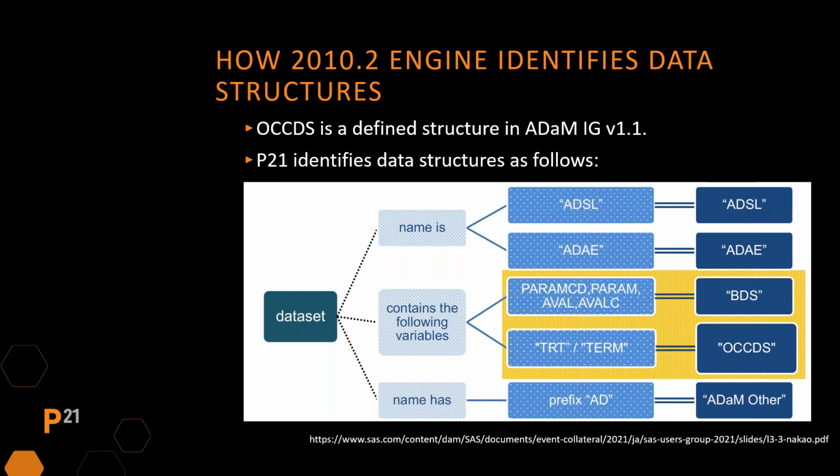If the dataset contains PARAMCD, PARAM, EVAL, or EVALC, then Pinnacle 21 identifies the dataset as BDS. If the dataset contains TRT or TERM variables, then Pinnacle 21 identifies that as OCCDS. And last, if the criteria I just mentioned don't match, and if the dataset name starts with AD, then Pinnacle 21 identifies it as ADaM other.